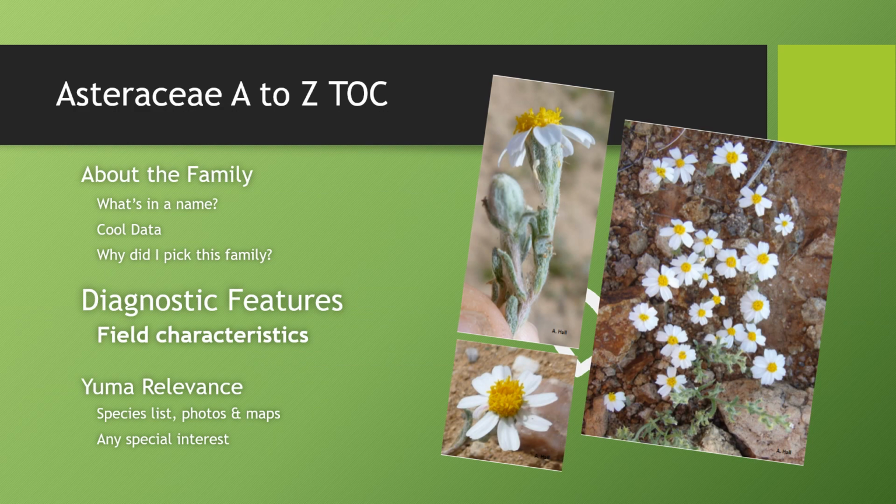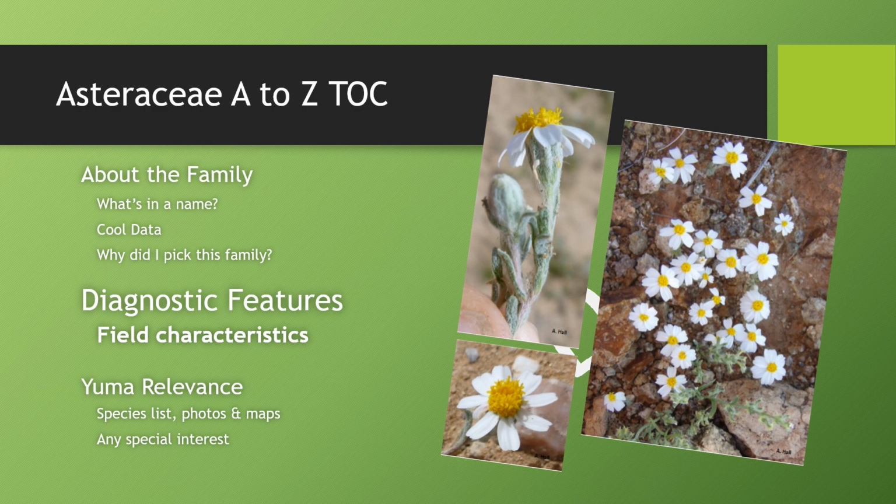So if you want to include a table of contents, this is what I'm calling the Asteraceae, too many syllables, A to Z table of contents. So about the family, what's in its name, some cool data, and why I picked this family.